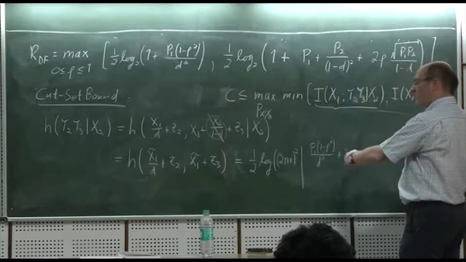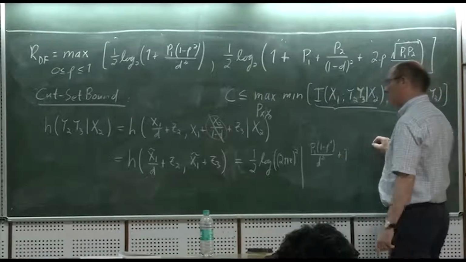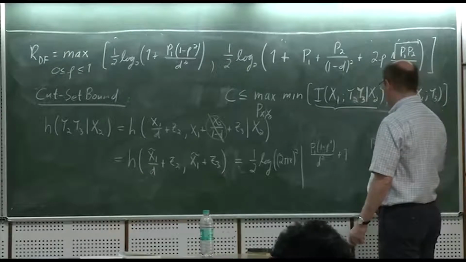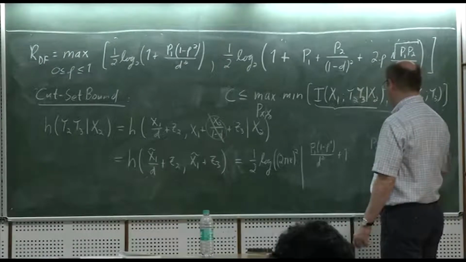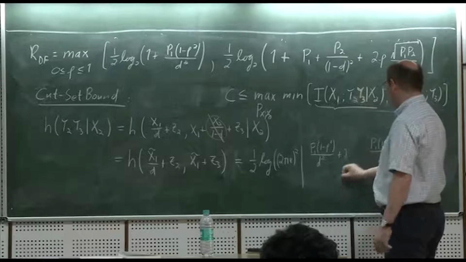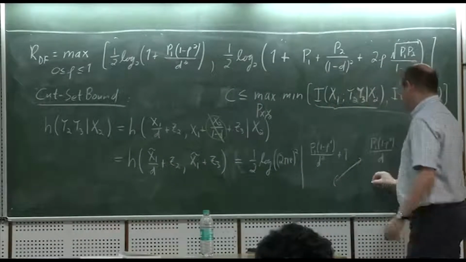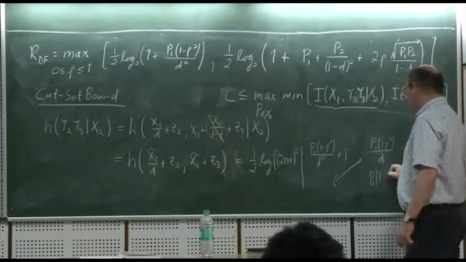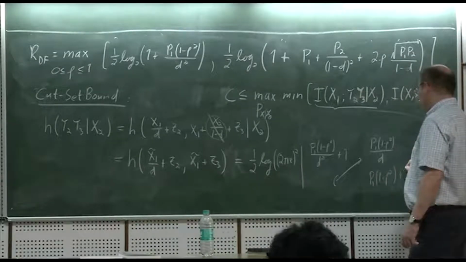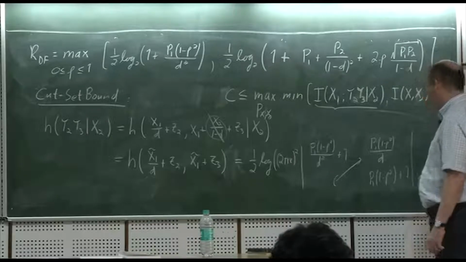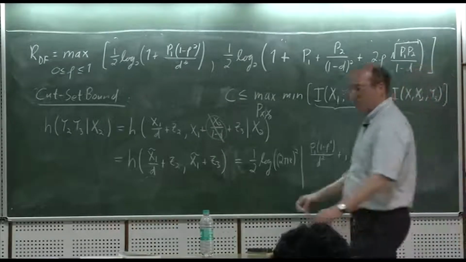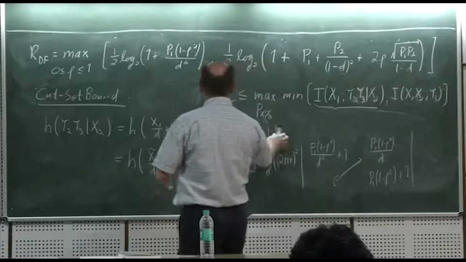What is the cross correlation coefficient? It's by d, right? So it's going to be p1 1 minus rho squared by d. Same thing here, right? Because it's these two. And the last one is just going to be p1 1 minus rho squared plus 1. Determinant. So we get this whole cross product, and everything should simplify out, hopefully.